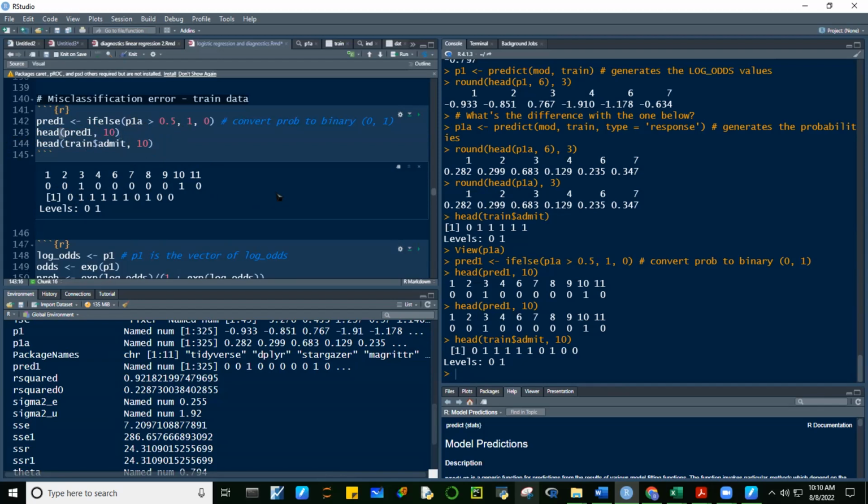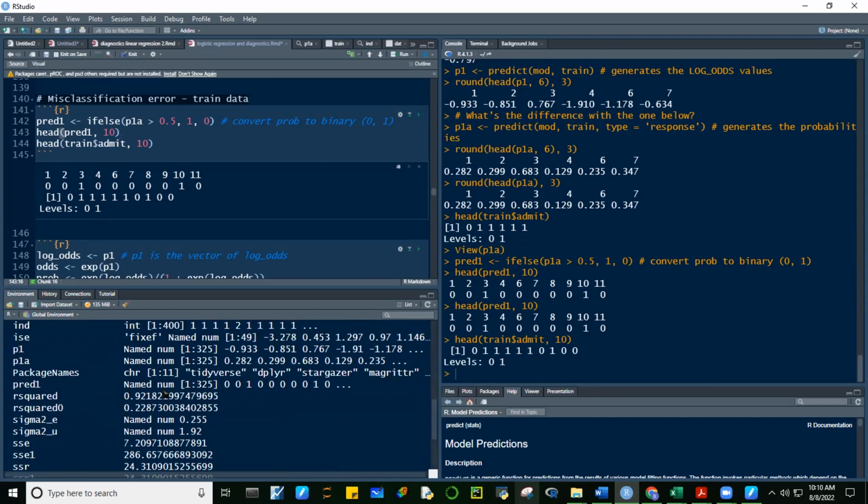We now have a table, pred1. How many does pred1 contain? Just to show you, 325 observations. That's a one-to-one correspondence with your trained data set.